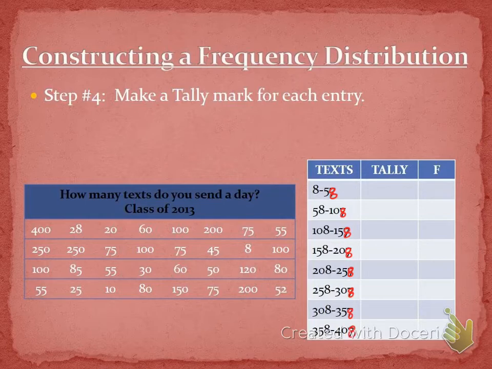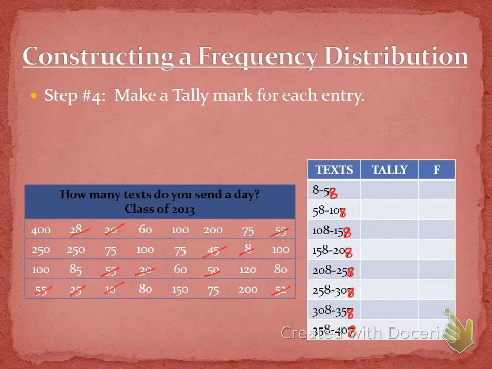Okay? And then we're going to tally up the number of data pieces that fall into each of those intervals. And so we just look. Let's see, between 8 and 58. So there's 1. Well, shoot. Let's go 1, 2, 3, 4, 5, 6, 7, 8, 9, 10, 11, 12.